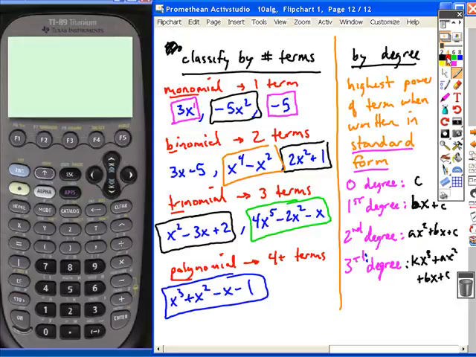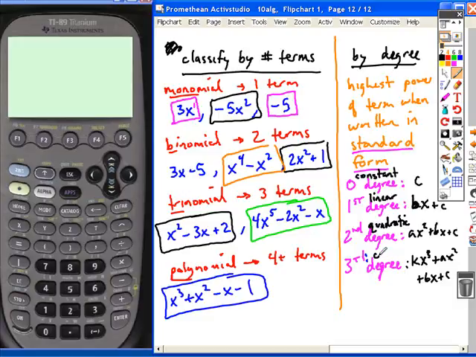The other name for a 0 degree is called constant. The other name for a first degree polynomial is linear. The other name for a second degree polynomial, what we're doing right now, is quadratic.